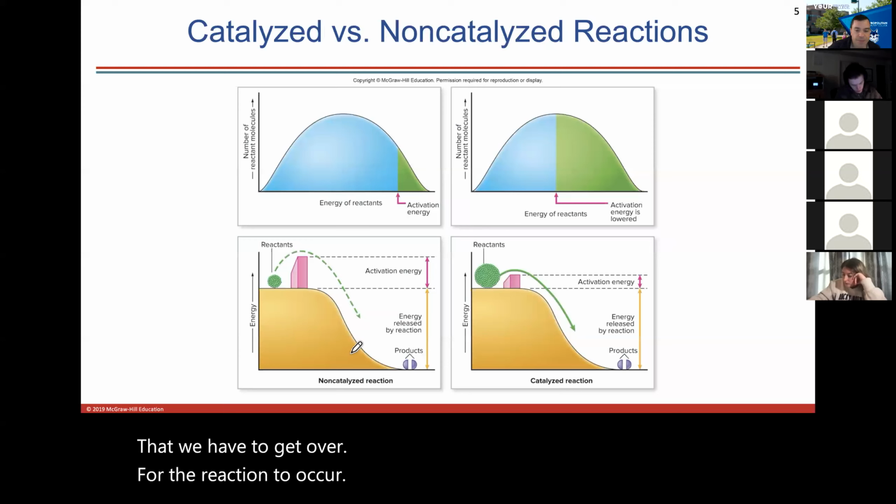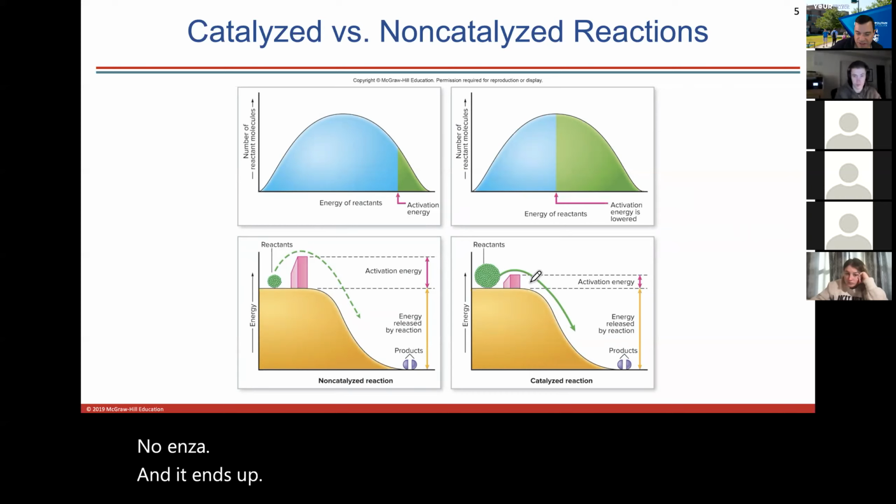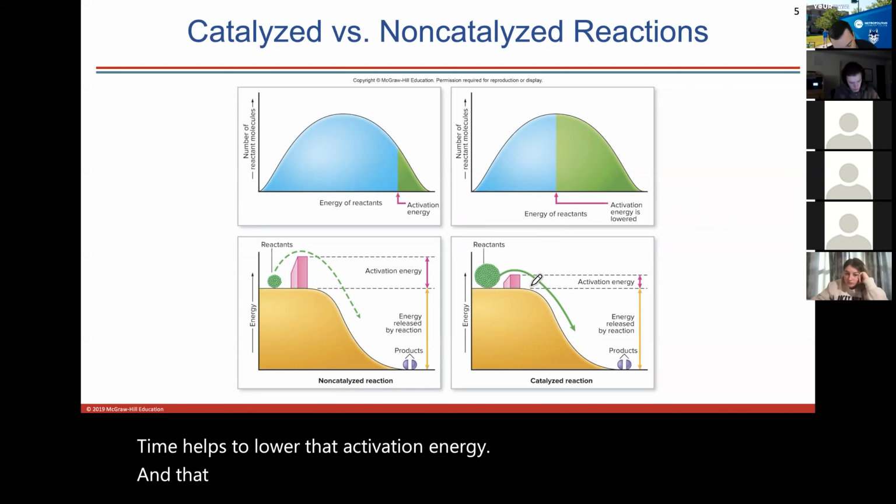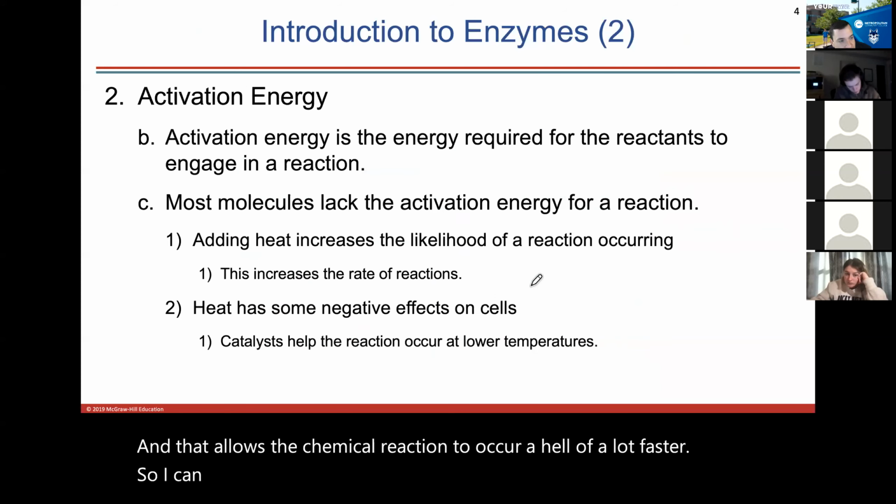Okay. No enzyme and an enzyme. Okay. Helps to lower that activation energy. And that allows the chemical reaction to occur a lot faster, so I can get those products over and over and over again.